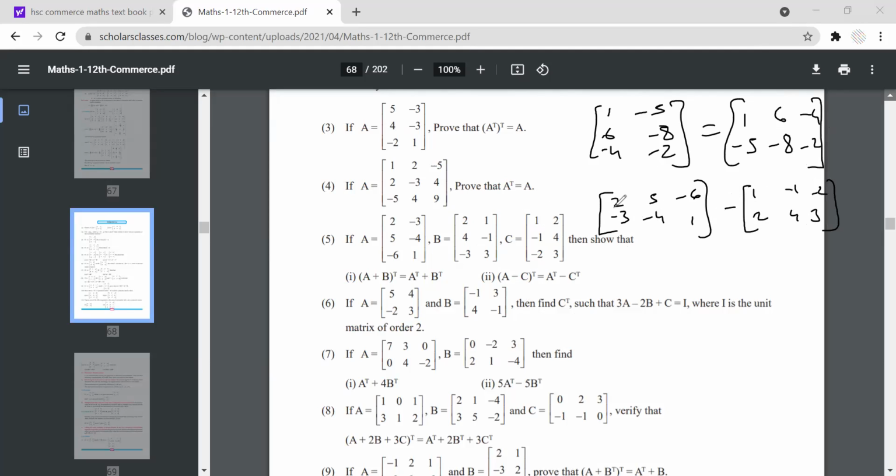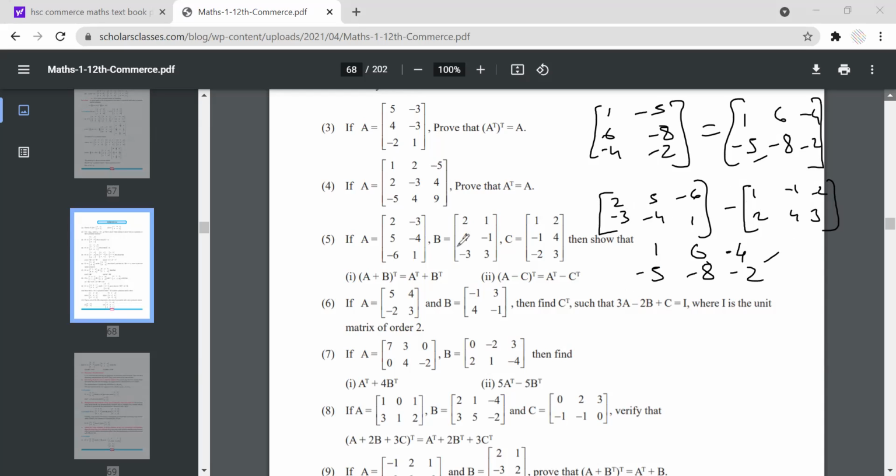A transpose minus C transpose: 2 minus 1, 1, 5 minus of minus 1 plus 1, 6, minus 4 minus 6 plus 2 will become 4, minus 4, minus 3 minus 2 will become minus 5, minus 4 will become minus 8, 1 minus 3 will become minus 2.